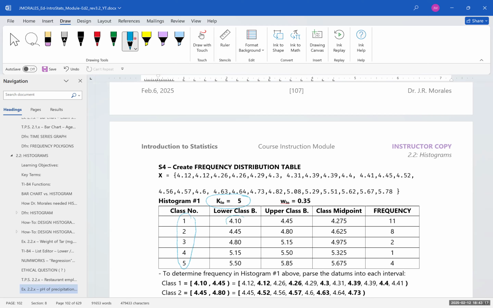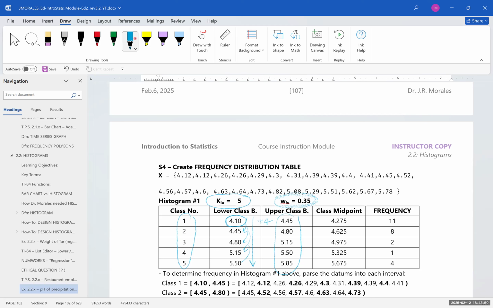The starting point is the lower bound of our first class, and the starting point was 4.1. We want to fill in each of these values by adding 0.35 each time. And then using your calculator, go ahead and take this list and add 4 to it to fill out this list. You see where the calculator can be a huge advantage here?